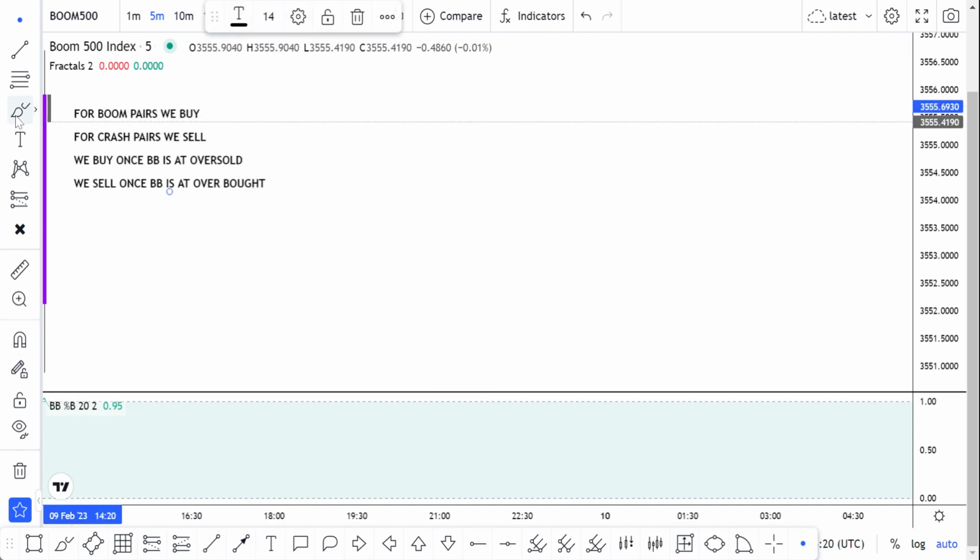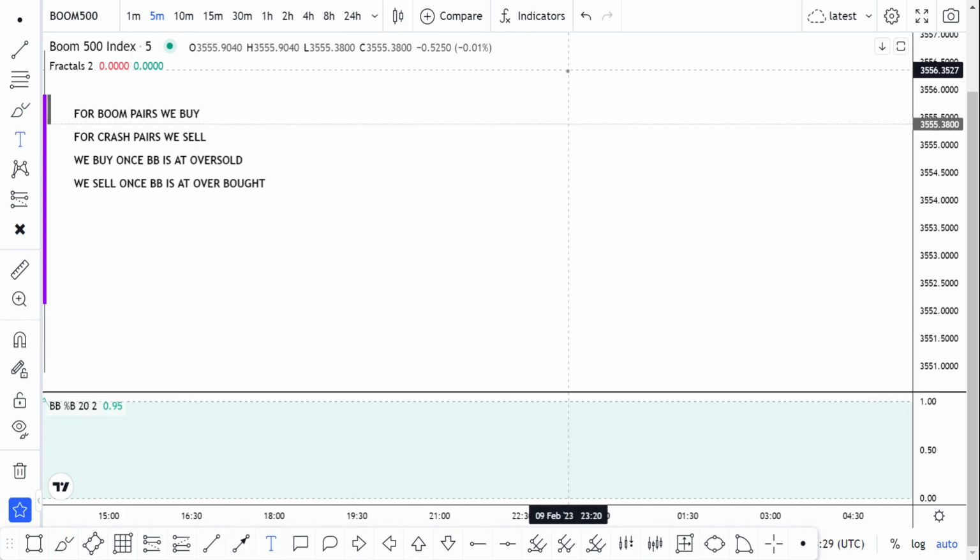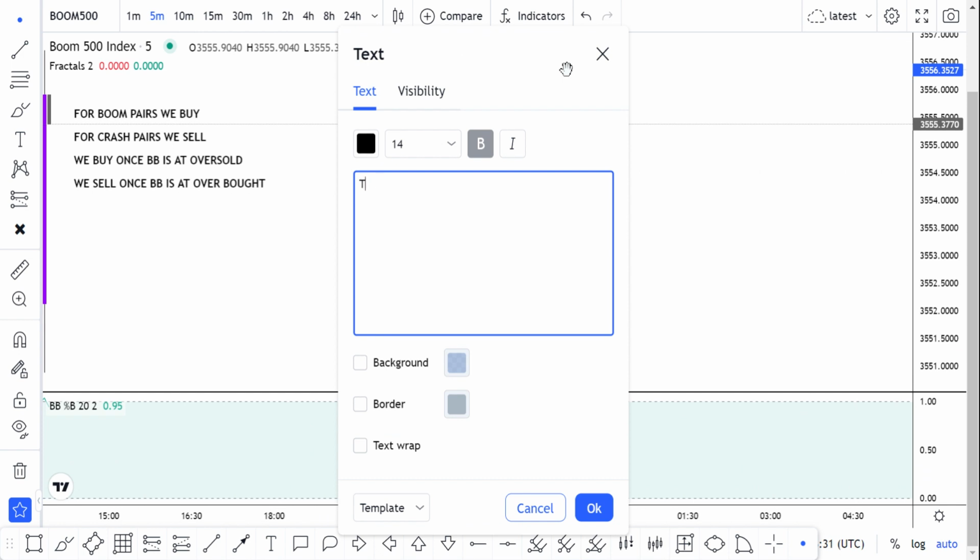But before I go ahead, understand the reason why we have the fractal: to spot what we call diagonal breakouts. The fractals enable us to spot diagonal breakouts.